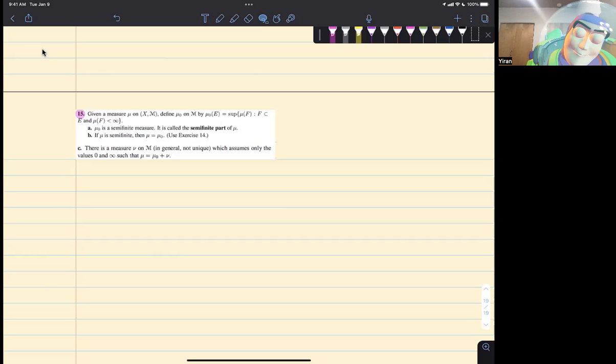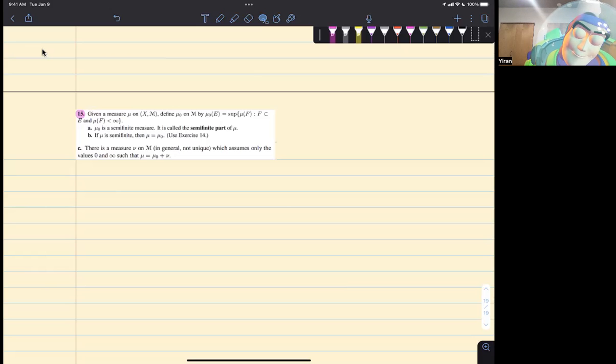So mu_0(Ej) are finite because mu_0(Ej) is less than mu_0(E), which is finite. Okay, why do we want mu_0(Ej) to be finite? Because mu_0(Ej) is finite. Okay, so let me just write it clearly. So mu_0(E), which is finite. Okay. And by definition, let's write down what it says, right?